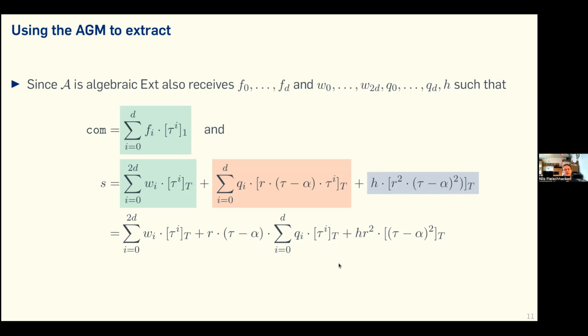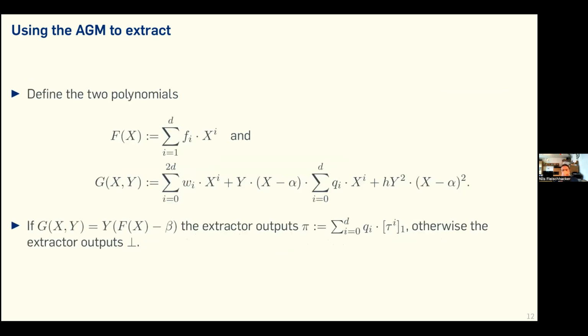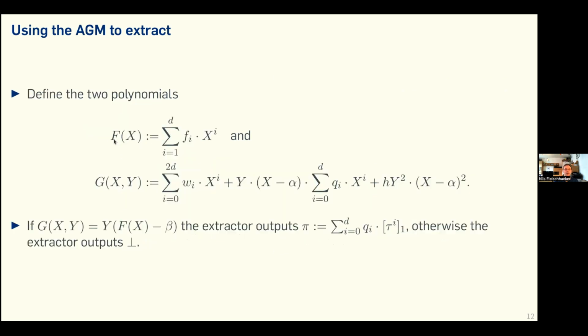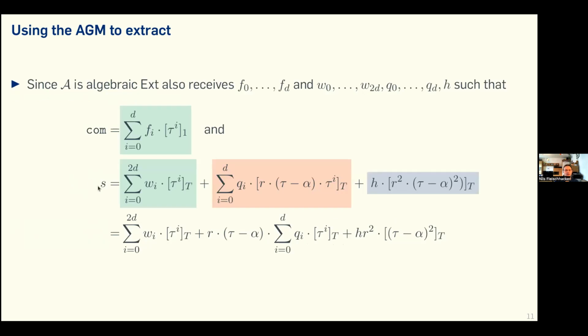Okay, so what we can now do is define two polynomials. We define the polynomial f using the coefficients f_i that are part of the explanation of the commitment cum. And we define a polynomial g, this is a bivariate polynomial, using the coefficients from the explanation of S.